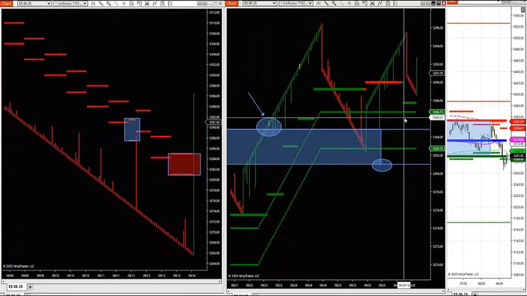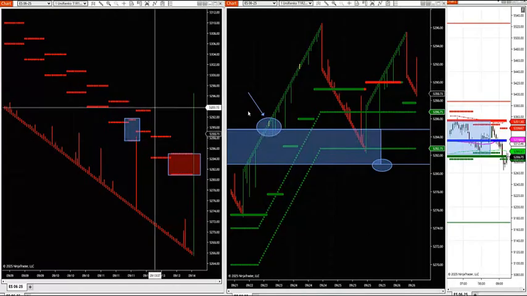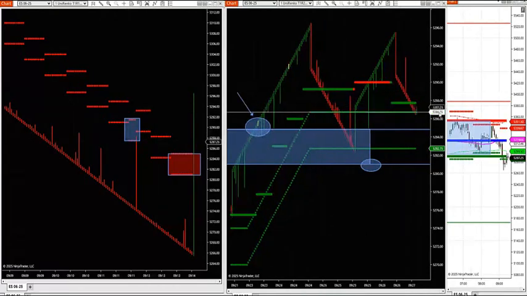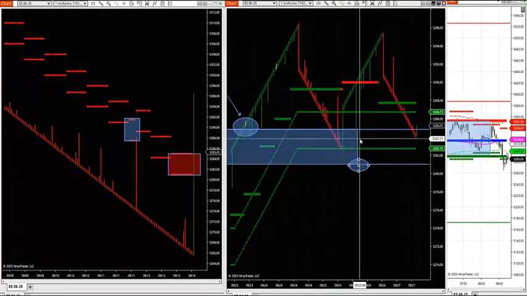You can trade it or you can wait to the first green. You can wait till it turns green. As long as you stay above the zone, then look for the first liquidity grab pullback, right?